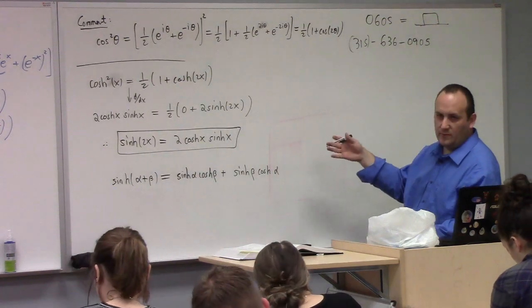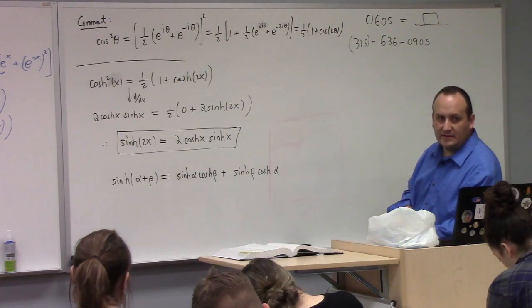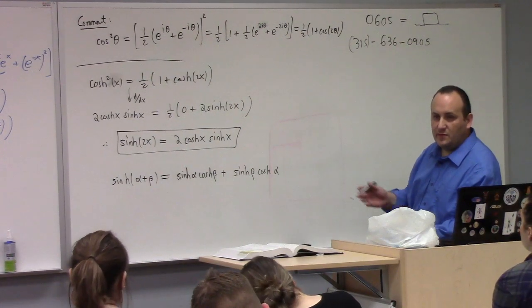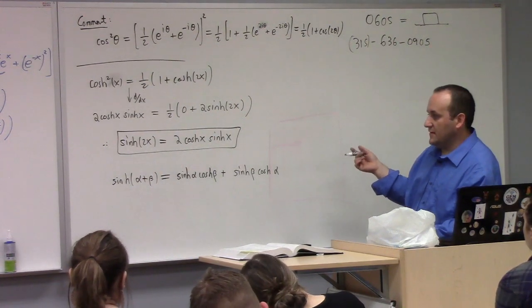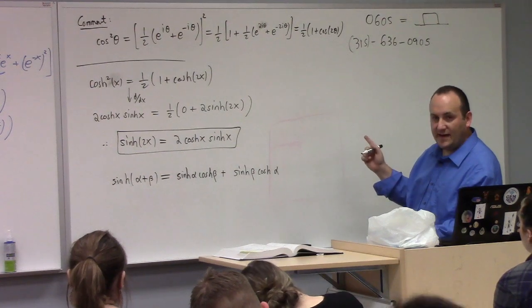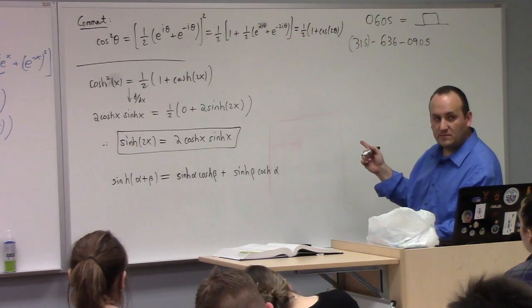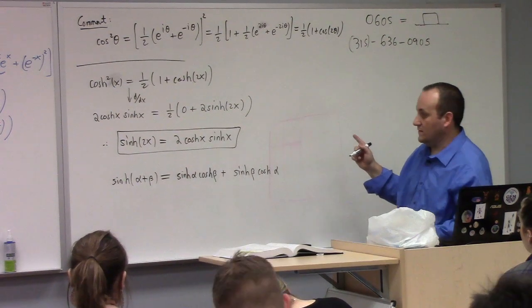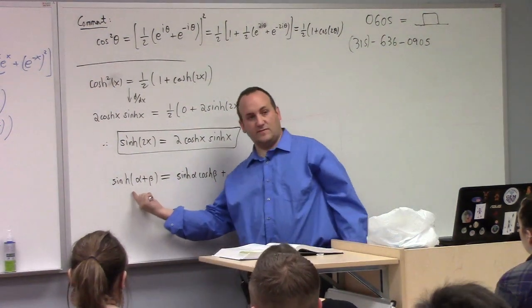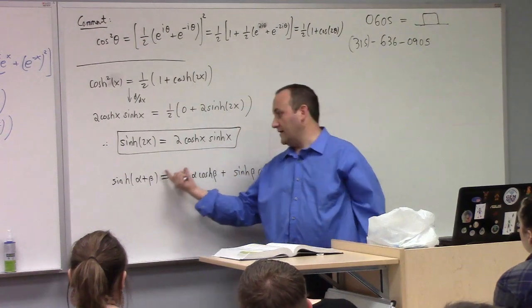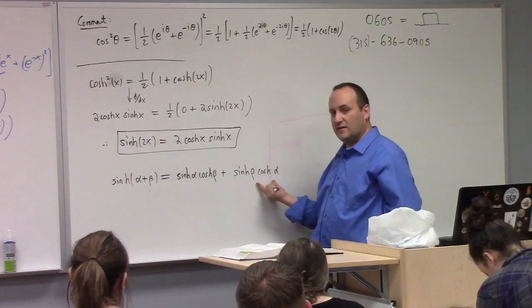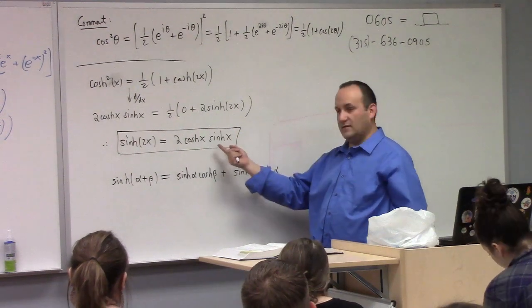Yeah, we could work this out. Go to the definition of cosh and sinh and verify it. Here's a quick check on it being correct. If I put alpha and beta both equal to x, I get sinh of 2x, right? And that's sinh x cosh x plus sinh x cosh x, which is what I have above.